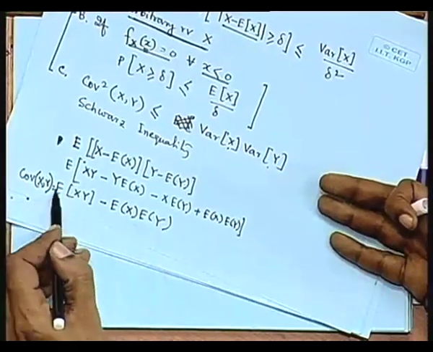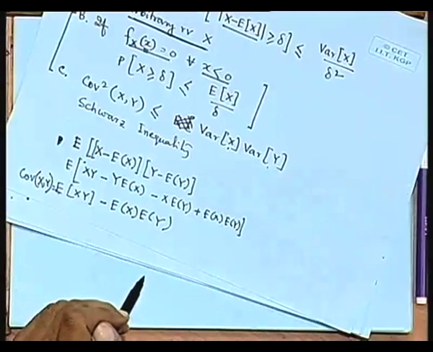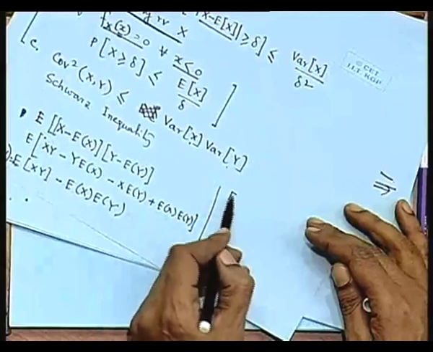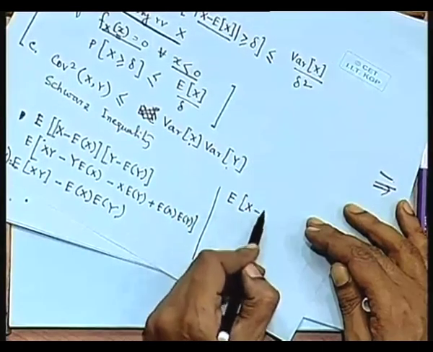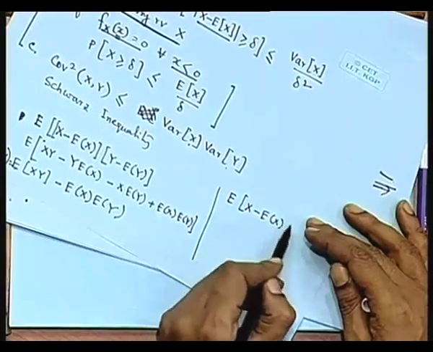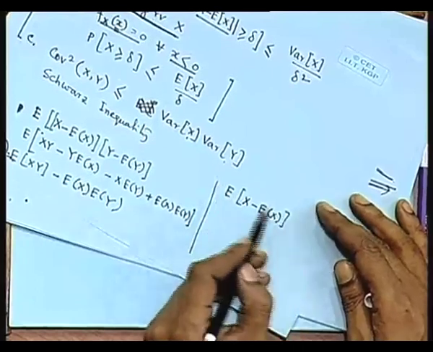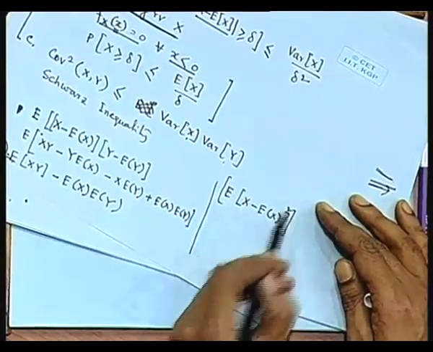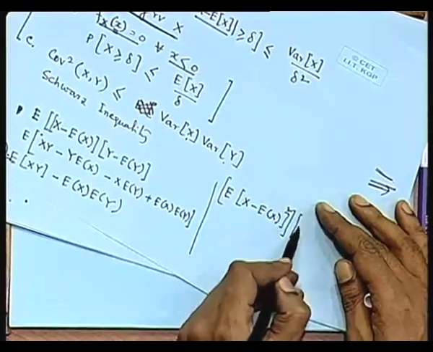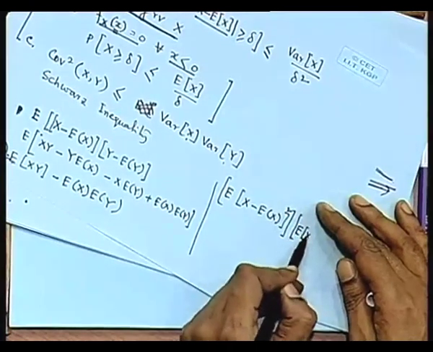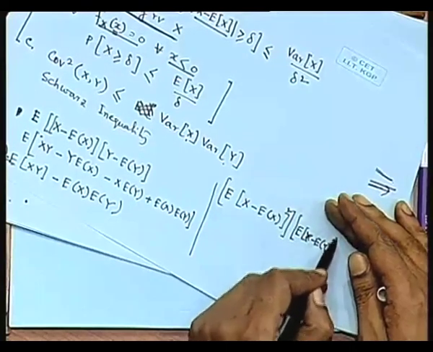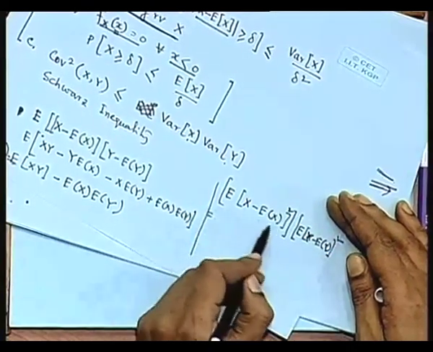So if you square it, what do we get? Now let us see the other end. The variance of x is expectation of x minus expectation of x, this whole square, and it is multiplied by the variance of y, the expectation of y minus expectation of y whole square. What is this?